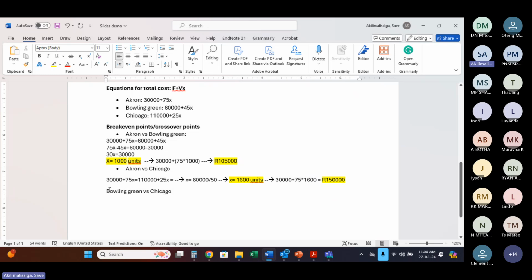Let me also duplicate the same format. Right. So the Bowling Green equation is here. Just copy and paste, and equalize with the Chicago's equation. And again, you solve for x.